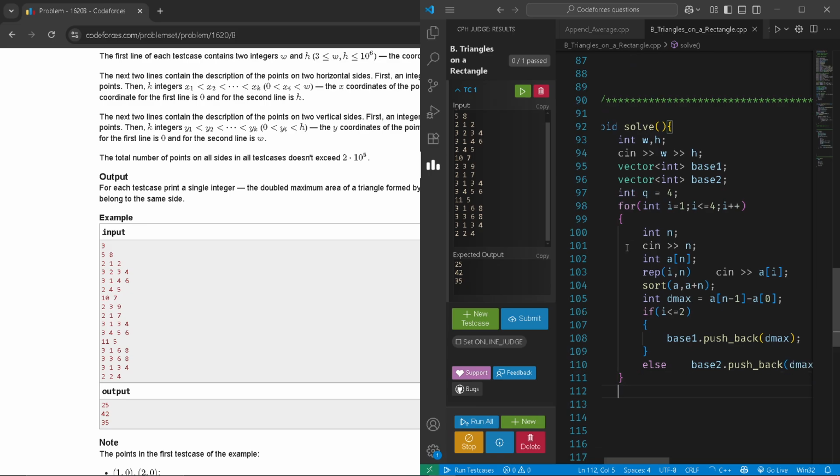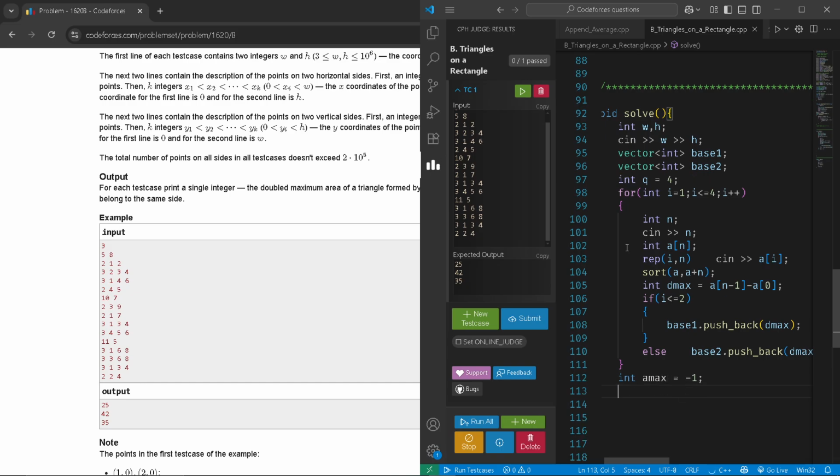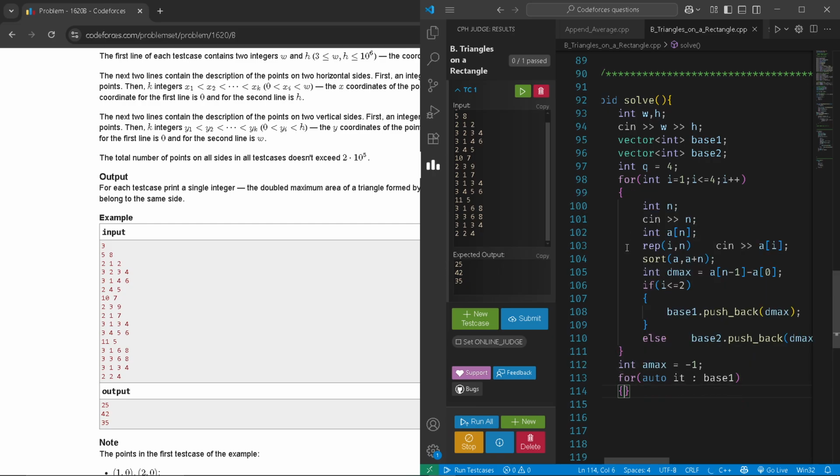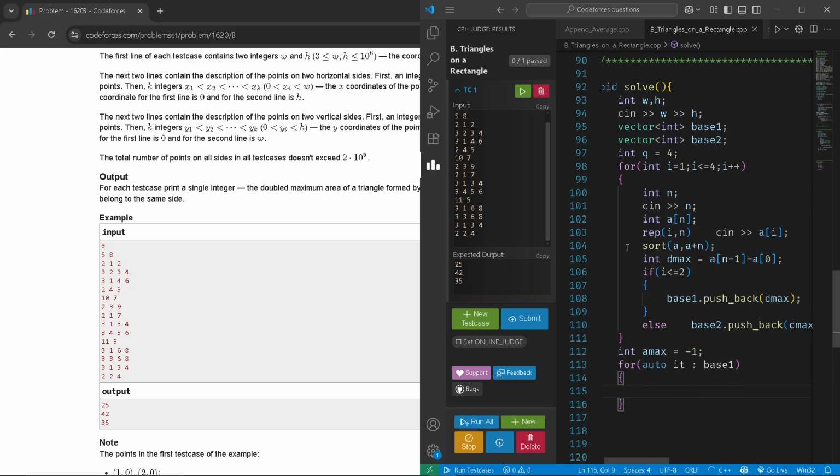Now I'll iterate over base 1, int a max is equal to minus 1. For auto it in base 1, base 1 is the first 2 horizontal sides. Anyhow they'll contain 2 values, so I'll just make an array instead.